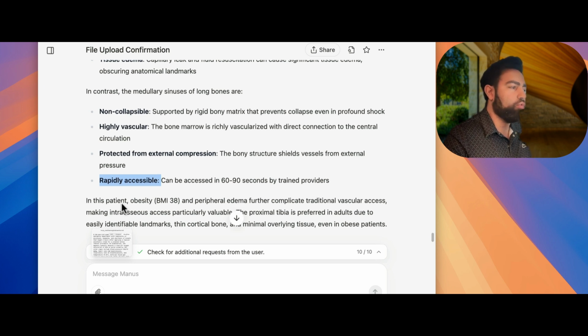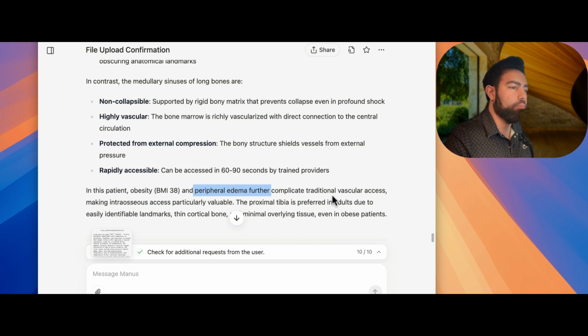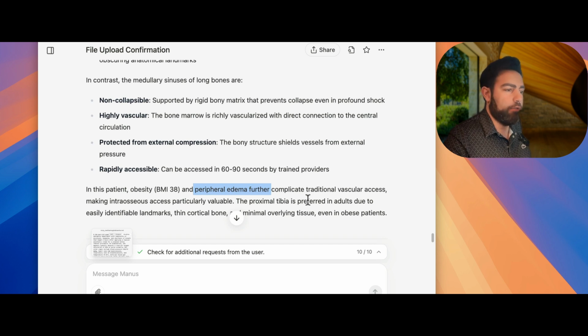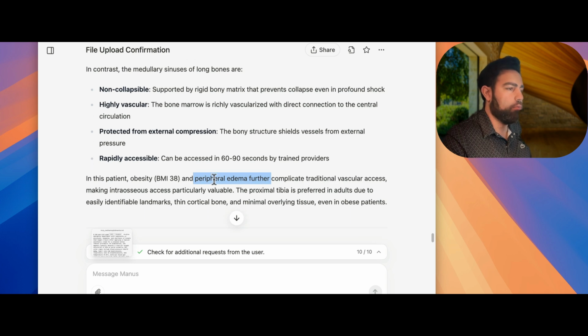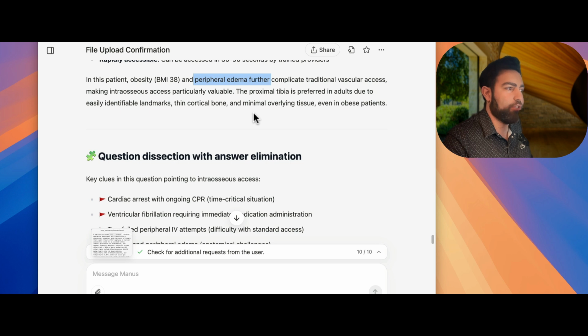These are especially useful in obese patients and the ones with severe peripheral edema, where you're trying to give medications and you have a very important timeline to act, and you don't really have time to keep trying to get vascular access. They're even way faster than if you were trying to do a femoral line, a central line on these patients.